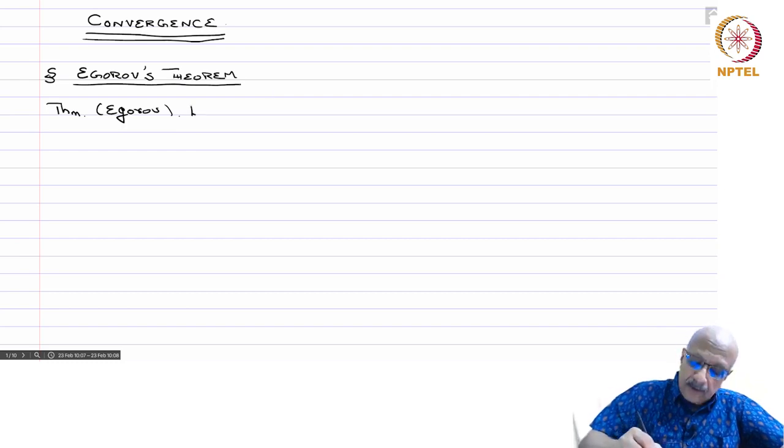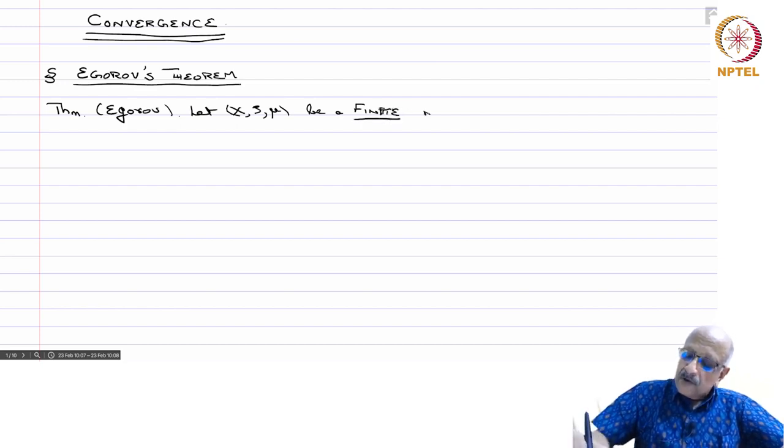So let (X, S, mu) be a finite measure space. That means mu of X is finite.